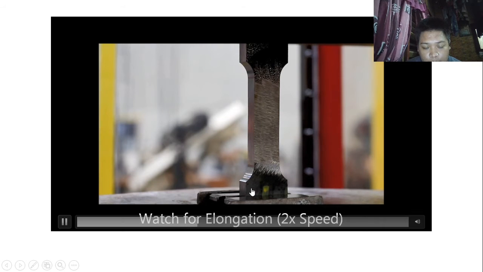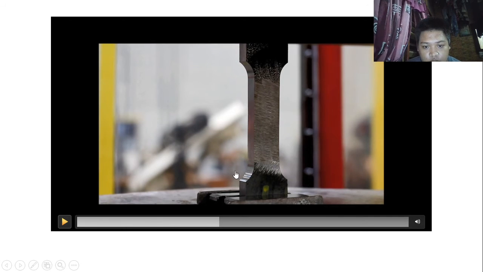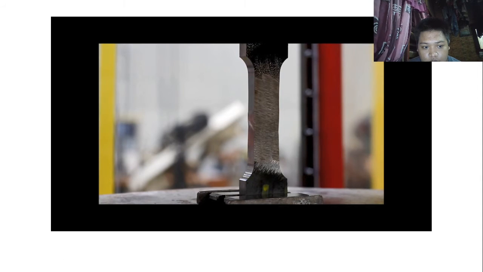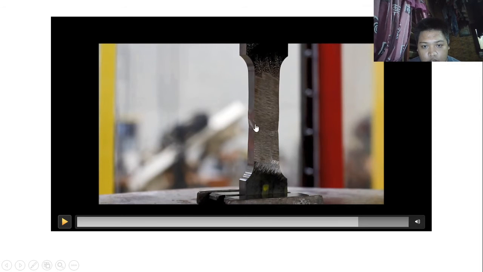As you can see, force is being applied in opposite directions, downward and upward, and you will see the material starting to elongate, and there are little microscopic fractures building up on the material's surface, and it will eventually lead to failure.